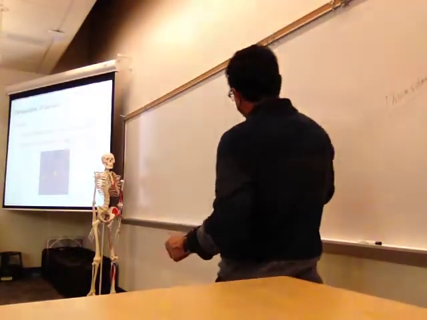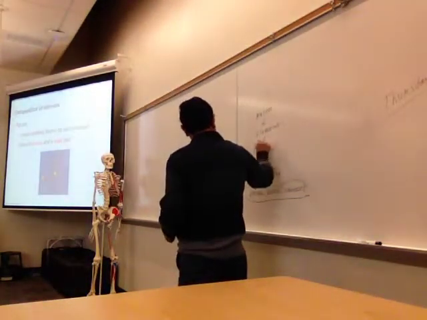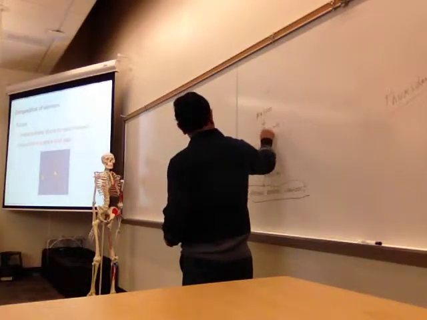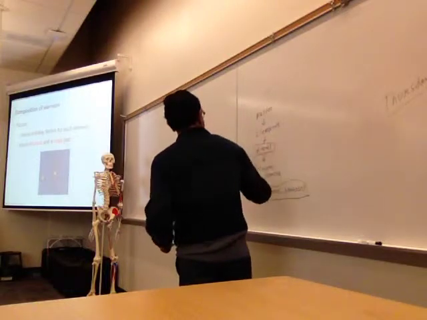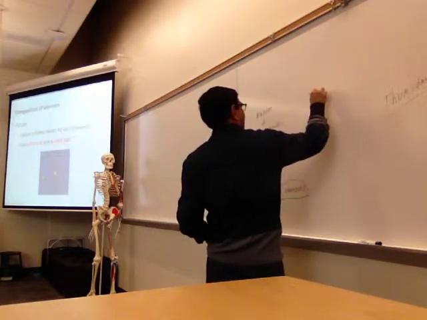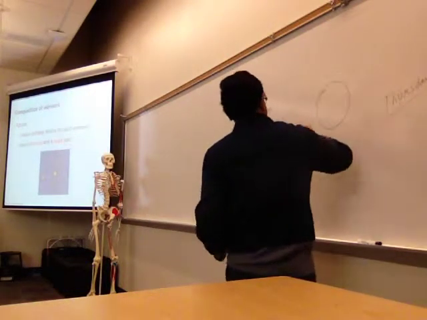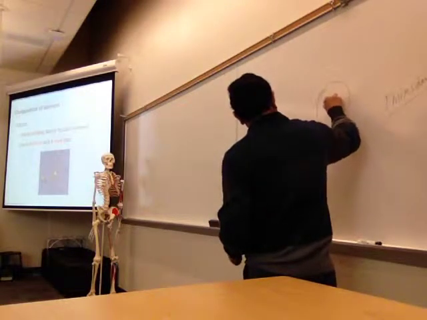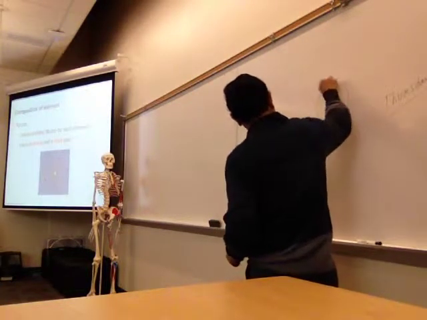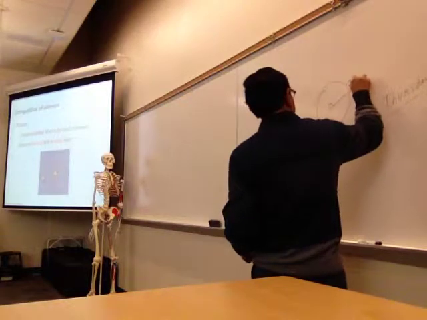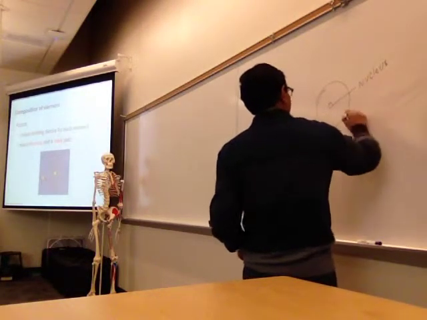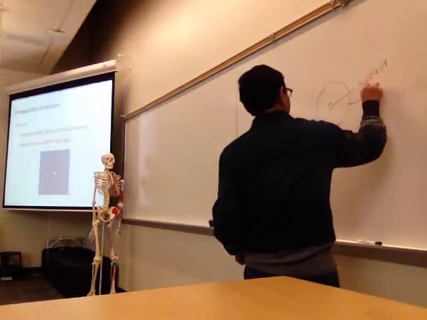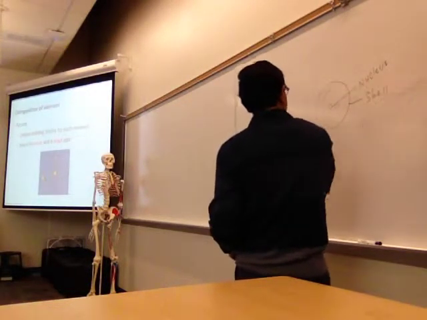So, if you look inside an element, you will find atoms. If you see the structure of an atom, it has a nucleus and an outer shell. So this is the nucleus and this is the atomic shell.